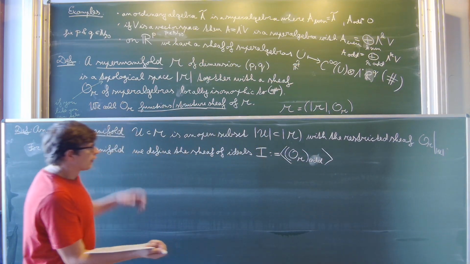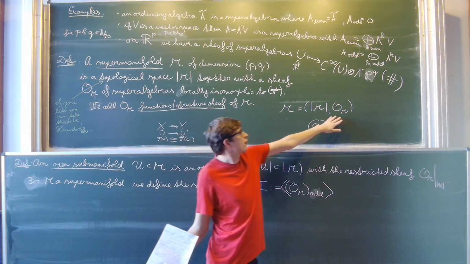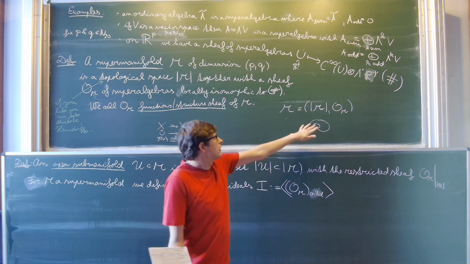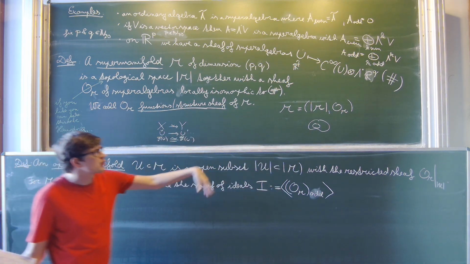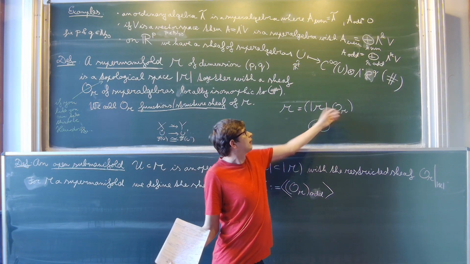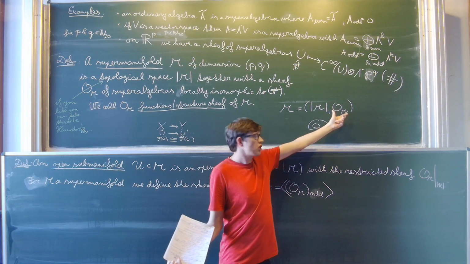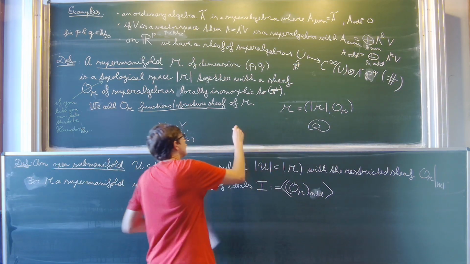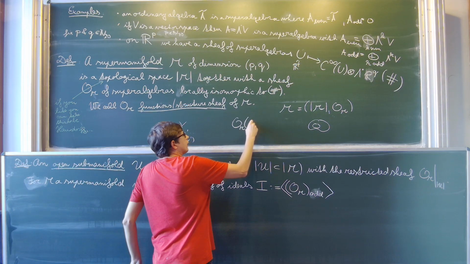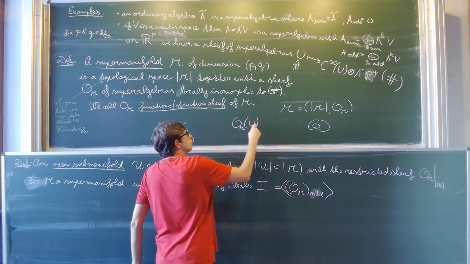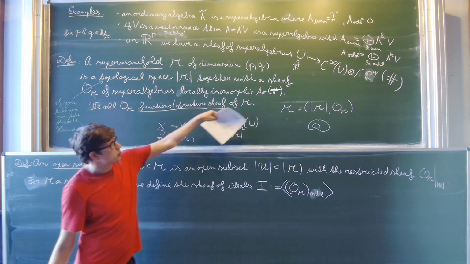Okay, so recall that it's O of M, so a supermanifold consists of a space and some sheaf of superalgebras. Now in this sheaf of superalgebras, don't be confused by the word sheaf: over every open set in here I can evaluate the sheaf and I get sections of the sheaf, so I get a superalgebra. So O of U, where U is an open subset here, is a superalgebra.